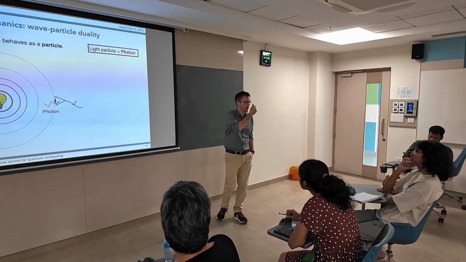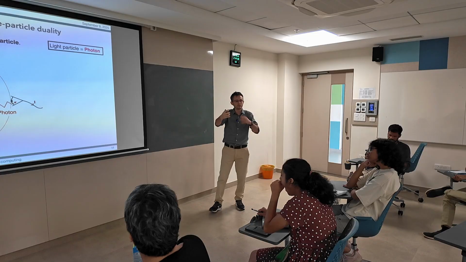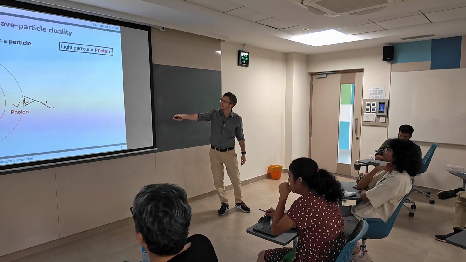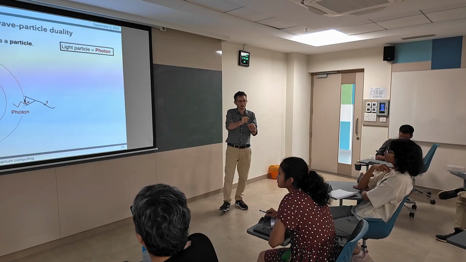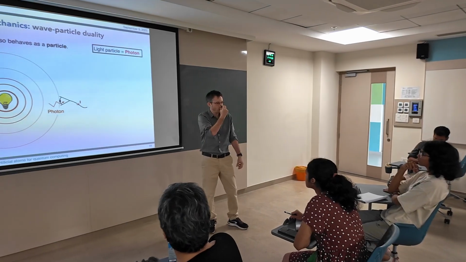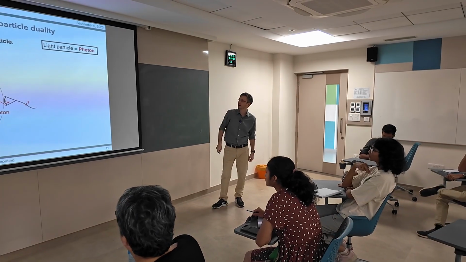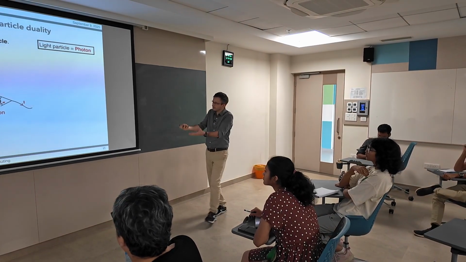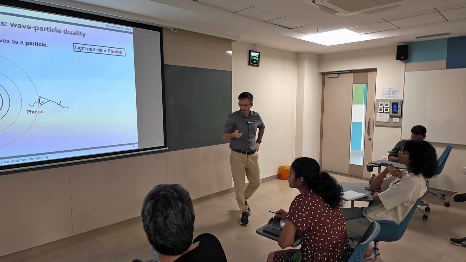When it goes onto your retina, there'll be some chemical reaction, and that photon is going to get absorbed, triggering a current. So here, the light is actually behaving like a particle, localized absorption of energy inside one molecule of your eye, and that creates this. So this is an everyday example of how light is a particle.